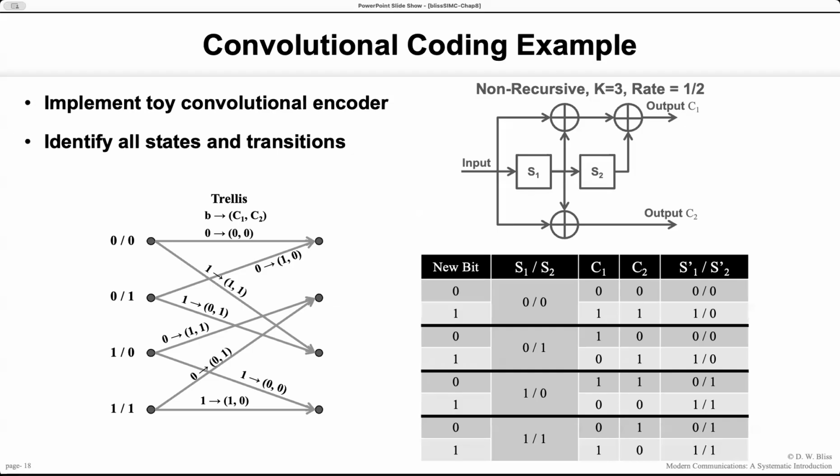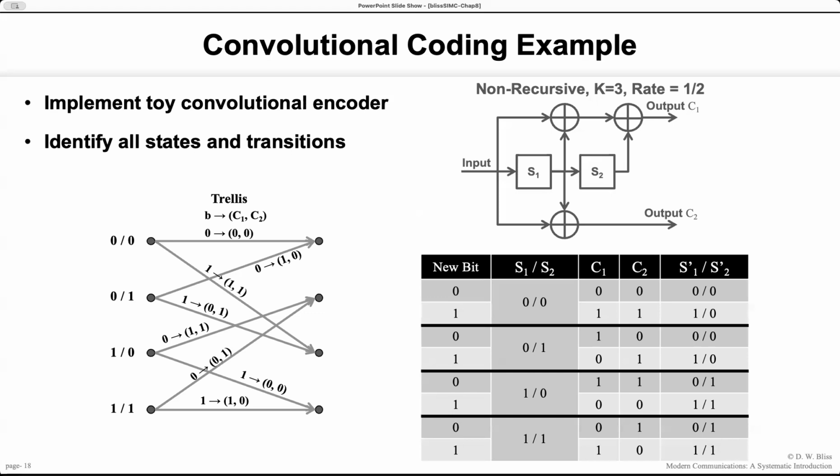So remember, the state transitions are the structure of the code. The output bits are what the receiver theoretically should see, but it might be corrupted. And so we can go through each part of the table here. Starting at the 0, 0 state, I could go to the 0, 0 state or go to the 1, 0 state.